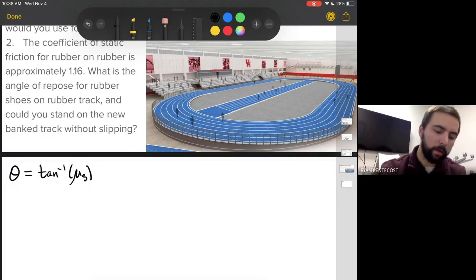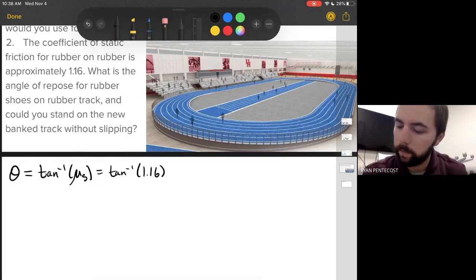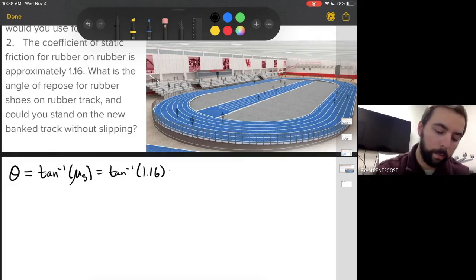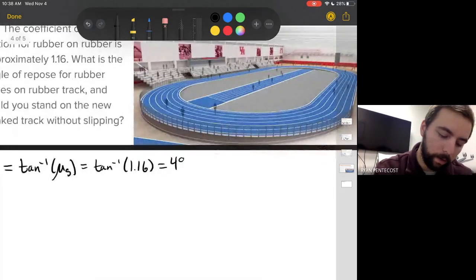So if we take the tangent inverse of 1.16, we get a massive number of 49 degrees for our angle of repose.